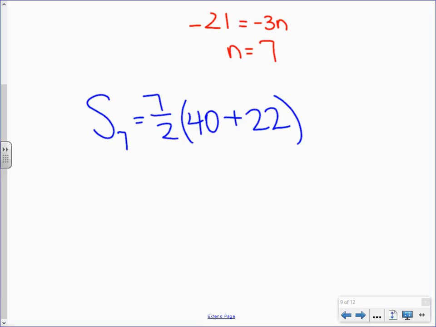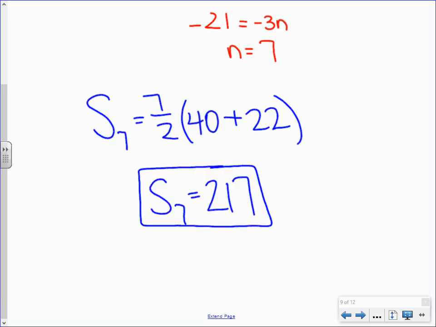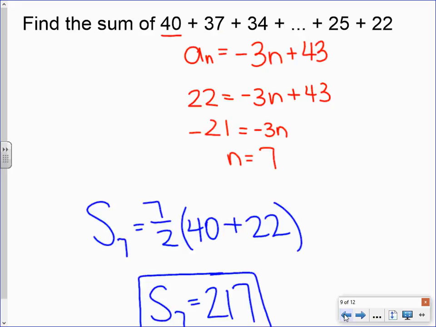So let's see, we have 62 divided by 2 is 31 times 7 would be 217. Any questions about this one?